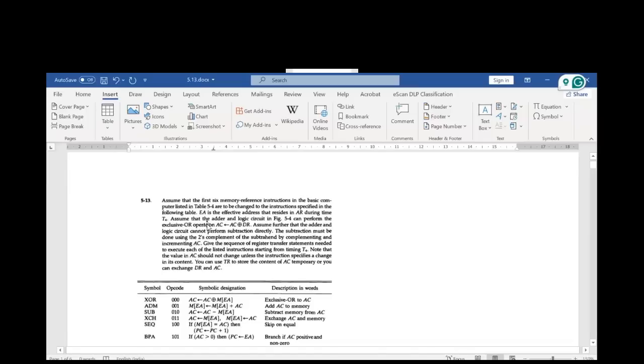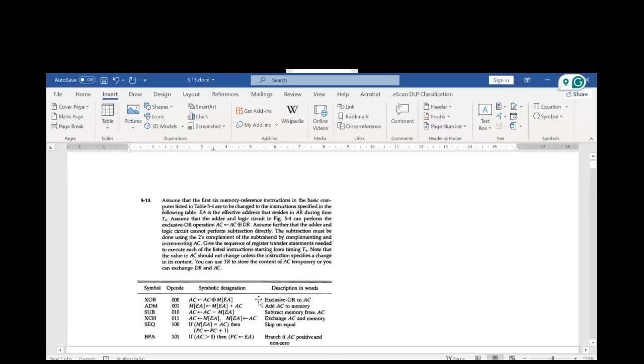Assume that the adder and logic circuit in figure 5.4 can perform the exclusive OR operation, that is AC equals AC XOR DR. So apart from the operations that we are doing, you also have an operation called AC XOR DR. This is also available in your ALU. Assume further that the adder and logic circuit cannot perform subtraction directly.